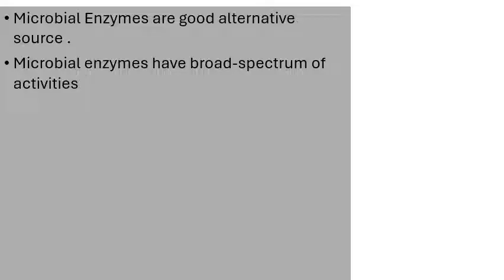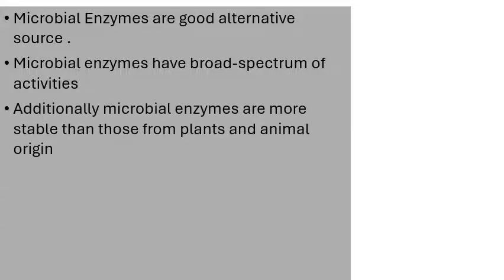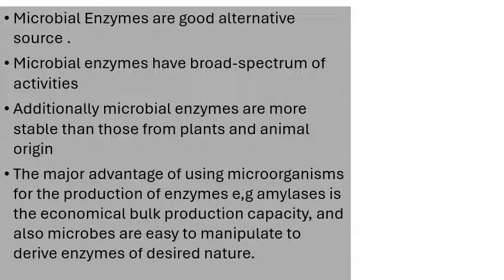They also have a broad spectrum of activities. Microbial enzymes are also more stable than those of plants, and the major advantage of using microbial enzymes is the fact that microorganisms usually produce these enzymes, and there can be bulk production.